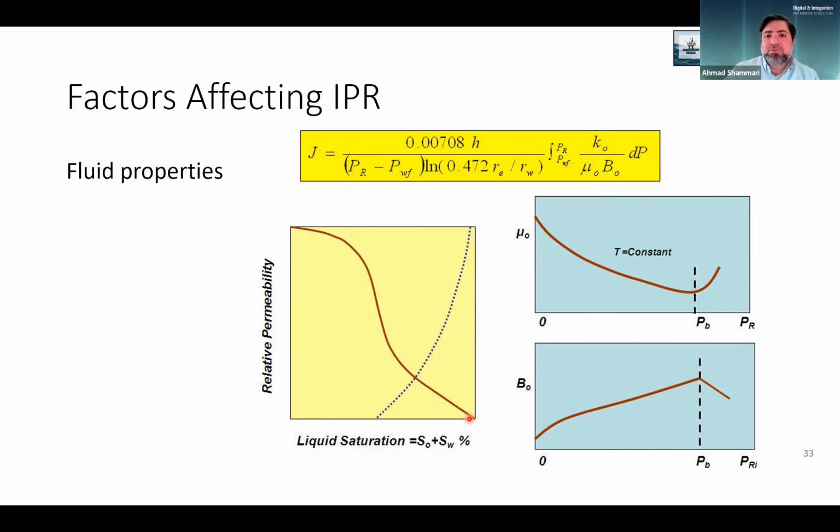That's why we always need to avoid producing water, because once the water approaches the completion, we call it water encroachment, then we will expect that more water will be invited, because water can move easily to the completion. Because it has a much lower viscosity compared with oil, it can easily move in the rock. So this will be taken into consideration when we calculate the PI.